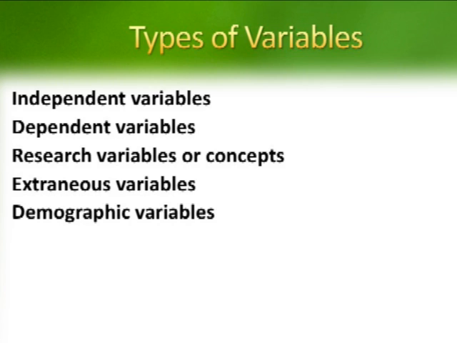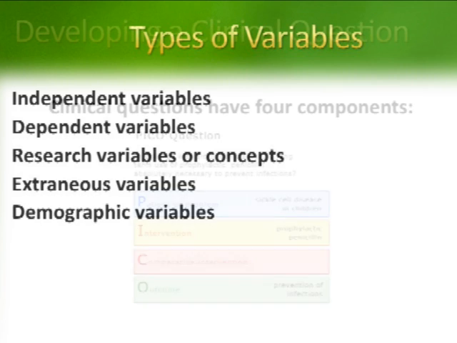Demographic variables are those characteristics that are collected to describe the sample. And you have all been involved in filling out forms about demographic variables, such as what is your age, what is your marital status, what is your ethnicity, how much money do you make, what year did you graduate from high school, etc.